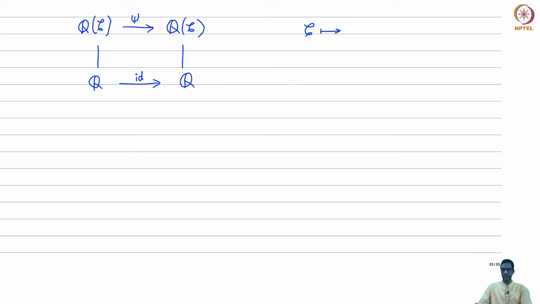I must find a suitable candidate to map zeta to. Whatever zeta maps to, say beta, under this automorphism psi, beta must also satisfy the same polynomial that zeta satisfies, so that polynomial evaluated at beta must be 0.